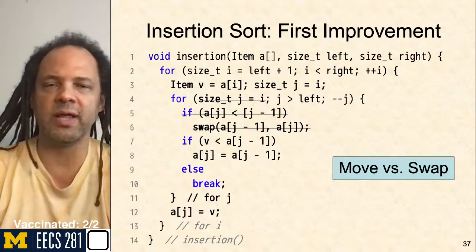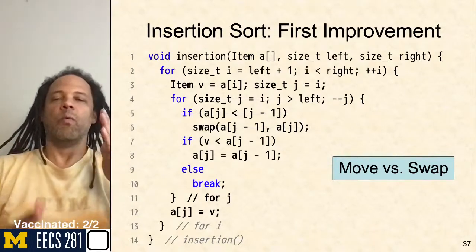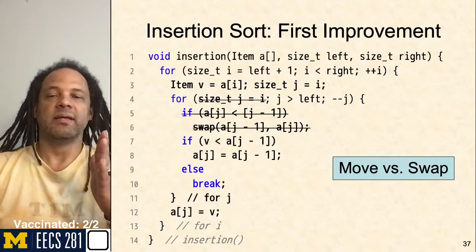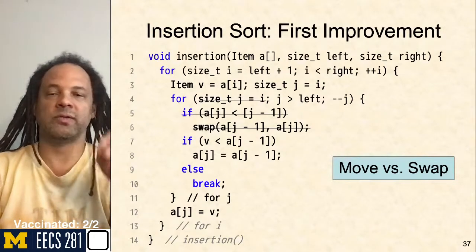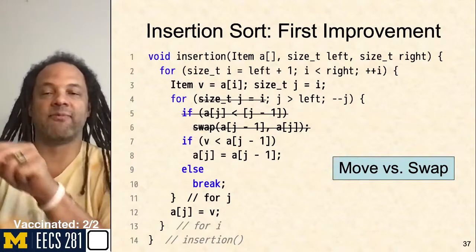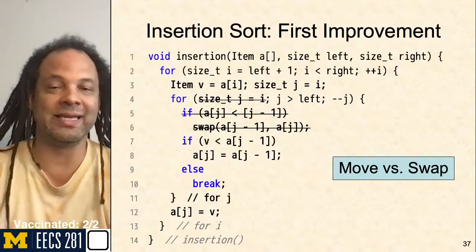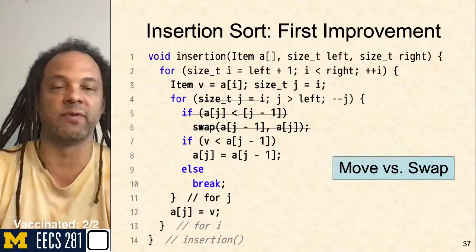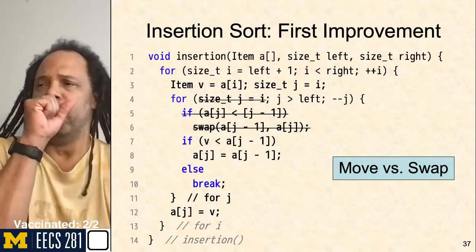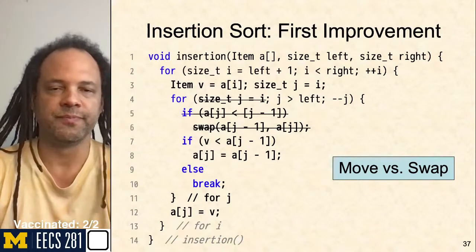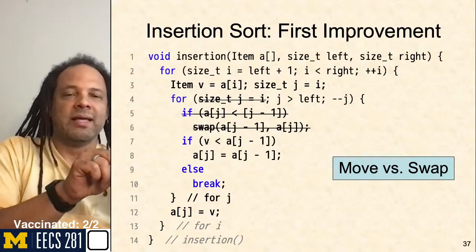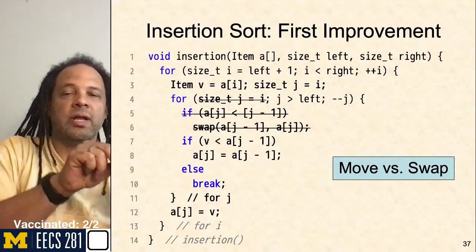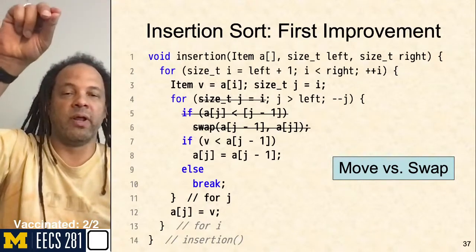It's pretty straightforward. If I've got, for instance, one item that needs to be moved 10 positions, instead of doing these 9 swaps, swap 1, swap 2, swap 3, swap 4, swap 5, to move this thing over 10 positions, I can do a move. Instead of putting this thing in one step at a time, I'm going to take the item that's going to be put into position and write it off to a temporary location.